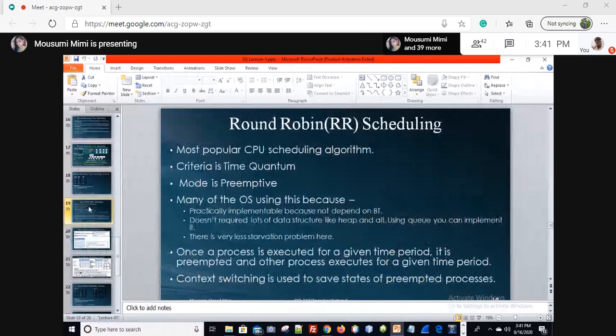So for both of these scheduling algorithms you have to understand at which point you suspend your process. And round robin scheduling is the most popular CPU algorithm.